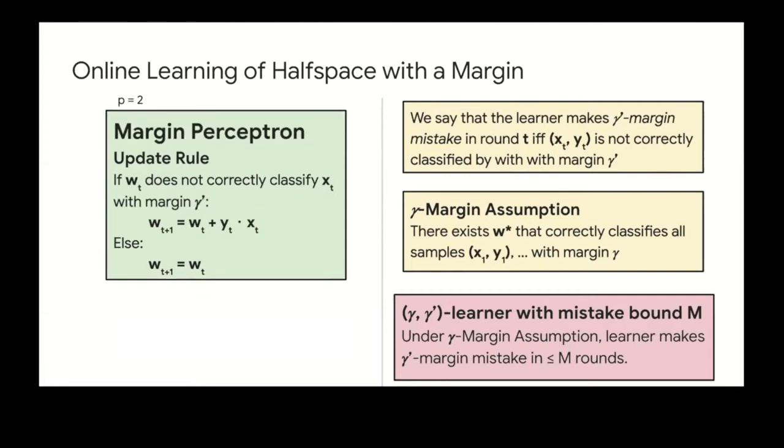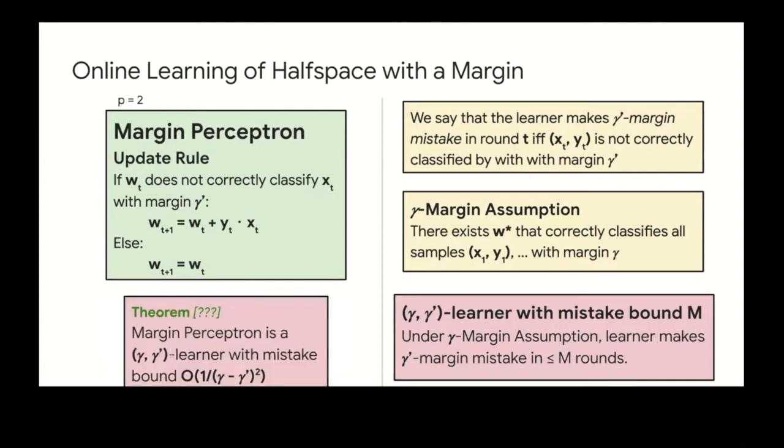It turns out that there is a margin version of this perceptron where you perform an update not only when you misclassify the point, but even when you do not classify the point with enough margin. This margin perceptron algorithm is a gamma prime learner with a mistake bound of 1 over the difference between the two margins squared. But the perceptron algorithm and the margin perceptron algorithm only work in the L2 case.